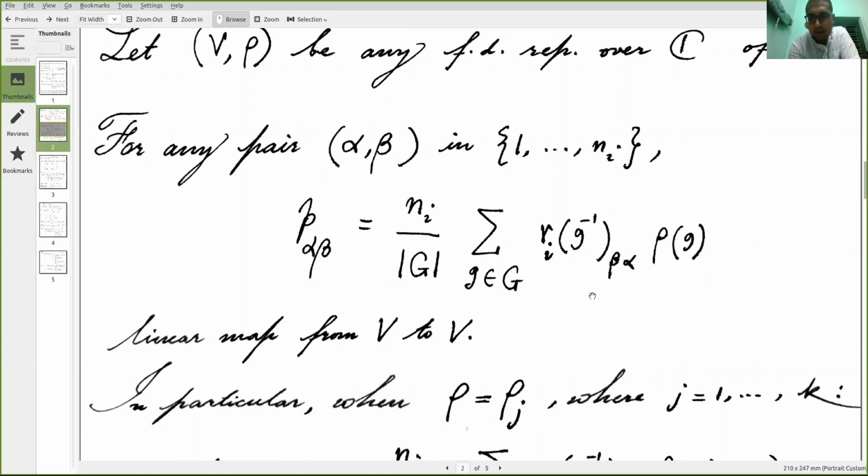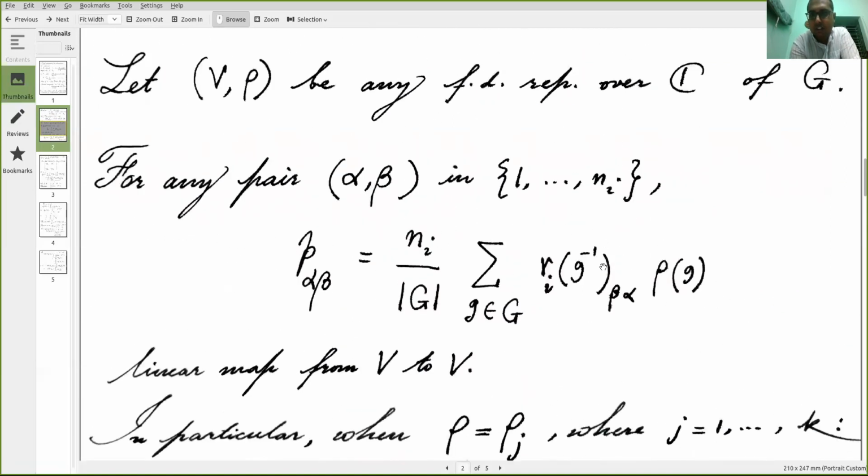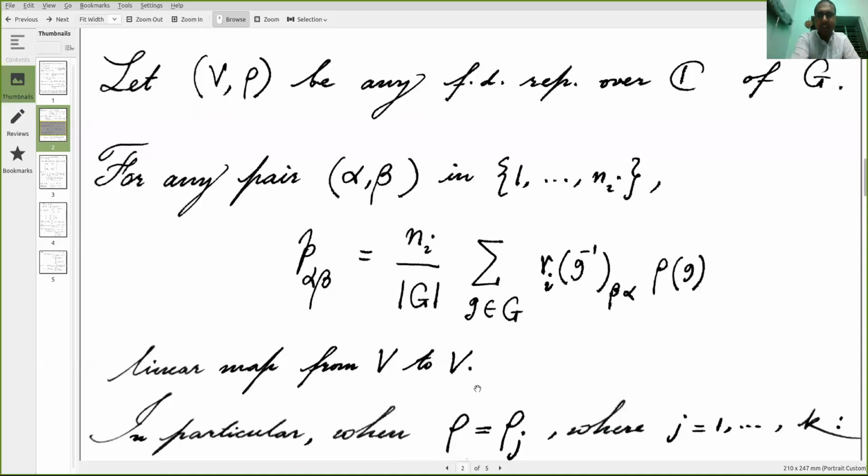We consider the matrix coefficient of rho i(g inverse) at the place (beta, alpha), multiply it by the linear operator rho(g), then take the sum and scale it. So this is my linear map, which is certainly a linear map from V to V.